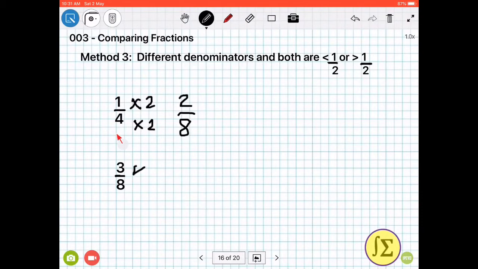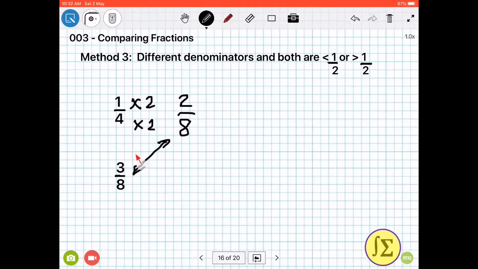So now we can compare 2 over 8 and 3 over 8 easily using method number 1 because the denominators are the same. When the denominators are the same, all we have to do is look at the numerator, 2 and 3, right?